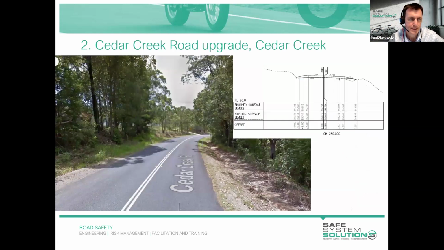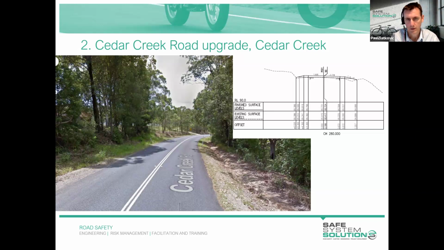Second one is the Cedar Creek Road upgrade. Now I'm told reliably by Barco that this part of Cedar Creek Road serves a one-way in, one-way out catchment. So when you're thinking about your mitigations and a complete road closure, that may not be reasonably practical in terms of the people that live and need to use that road.